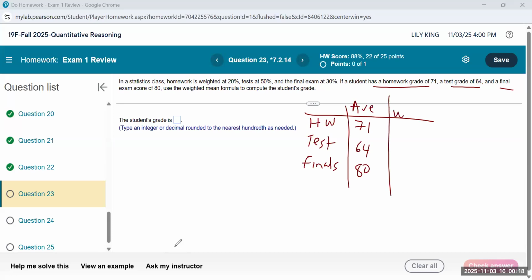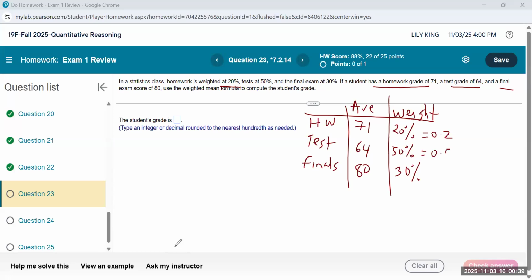And then for the weight, homework has a weight of 20%. Test is 50%. Final exam is 30%. Now 20% is the same as 0.2.